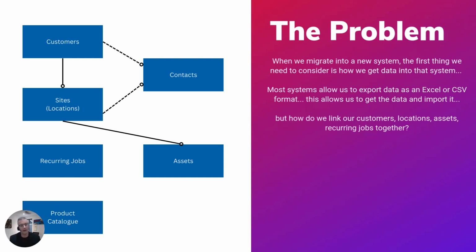In terms of how we're going to do that, we're going to use what we call an upsert. An upsert is when we have an external identifier, for example, something from your source system, your accounting system, whatever the case happens to be, that we can store within the system to then have the system work out, when we upload that CSV file, whether it should be creating or updating an existing record.